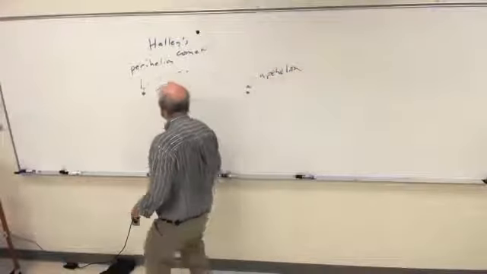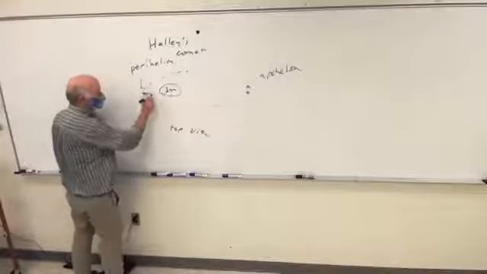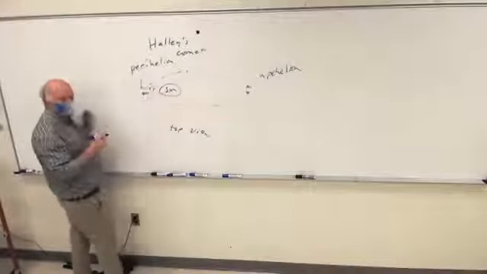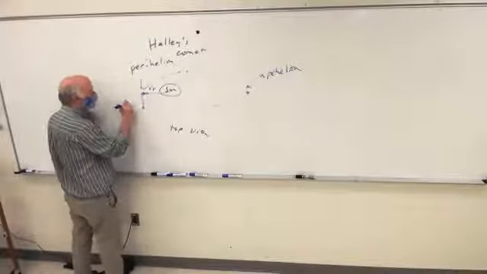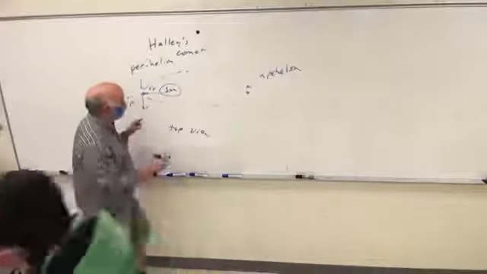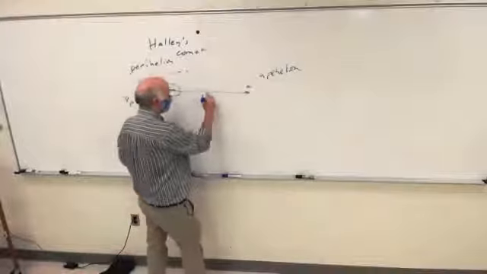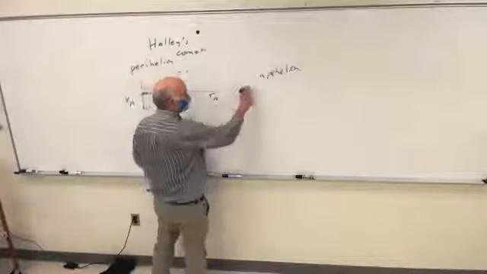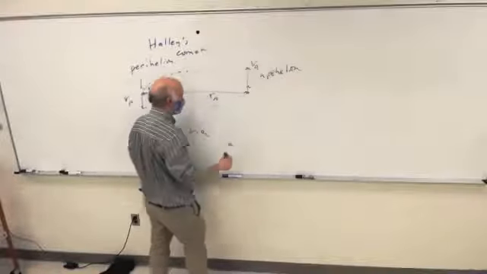We said that from here to there is, I'll call that RP, the distance at the perihelion. This is the velocity at the perihelion. And then over here, this is the distance at the aphelion, RA. This is the velocity at the aphelion.